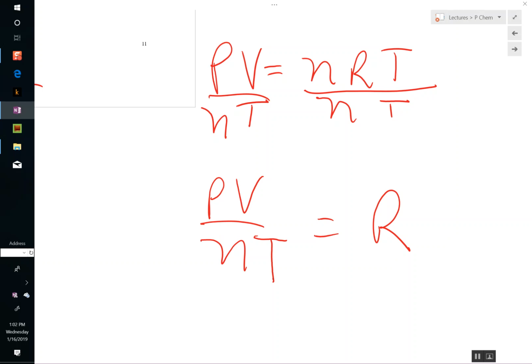So really, when we talk about the combined gas law, it would be better, this is the ideal gas law, combining the three major laws together. PV over NT equals R, or PV equals nRT.